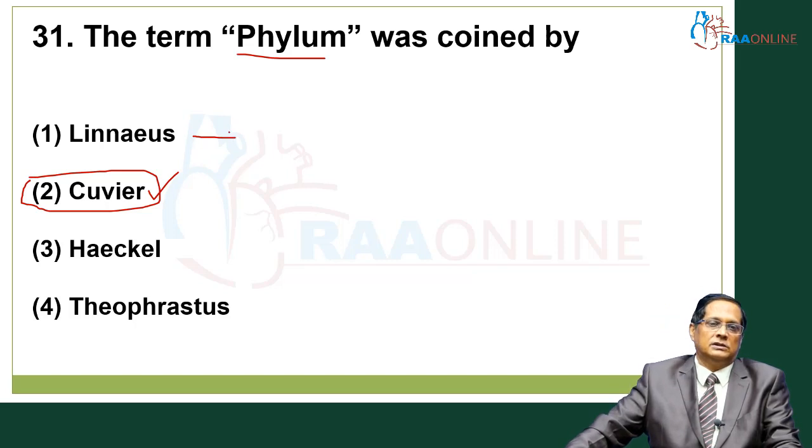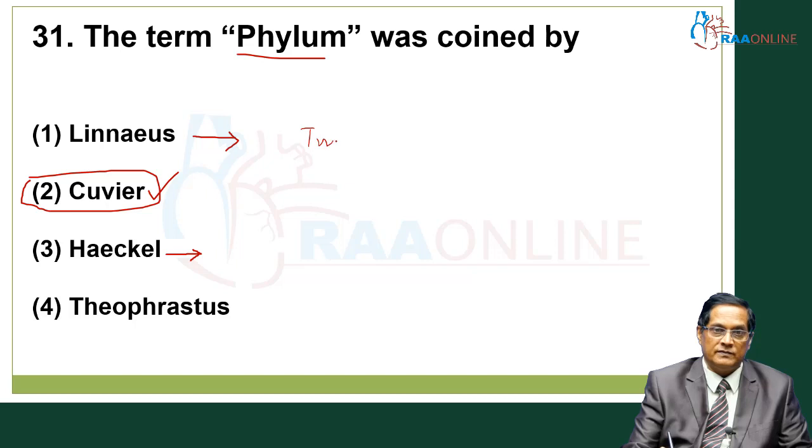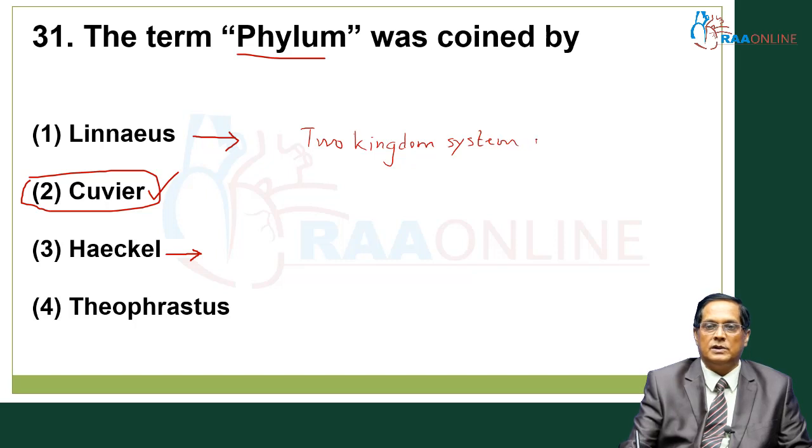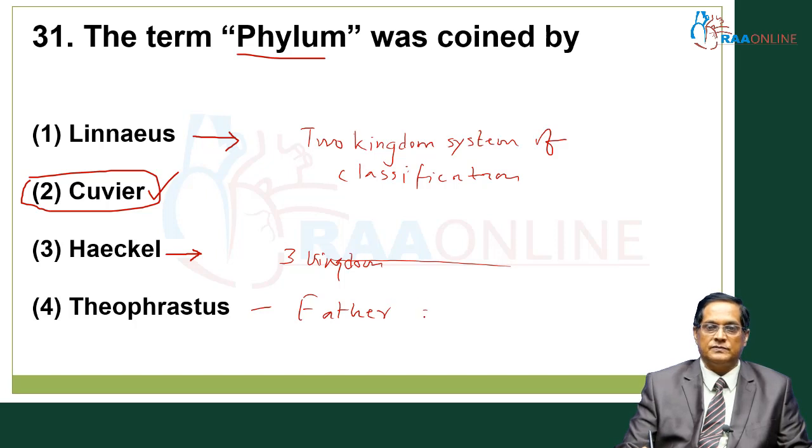Linnaeus was known for the binomial system of nomenclature and gave the two kingdom system of classification, whereas Ernst Haeckel gave the three kingdom system of classification. Theophrastus, father of botany.